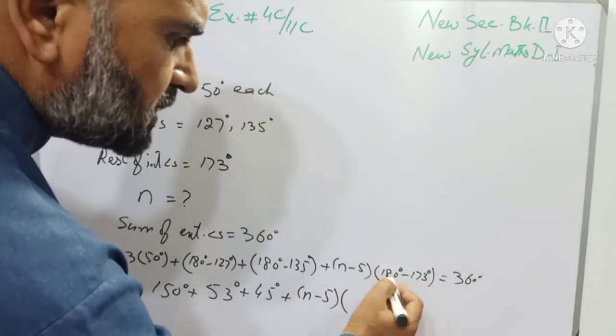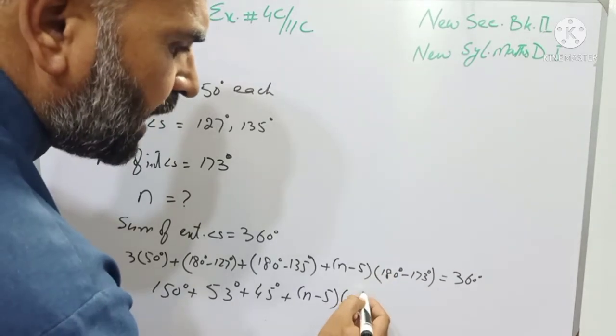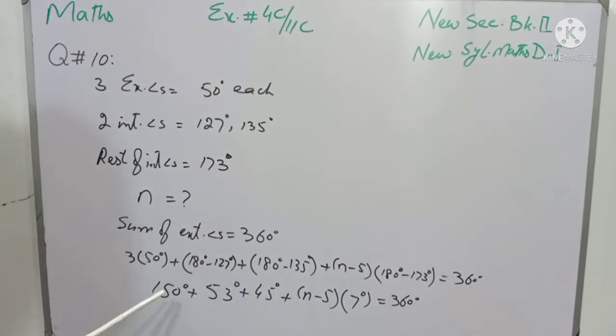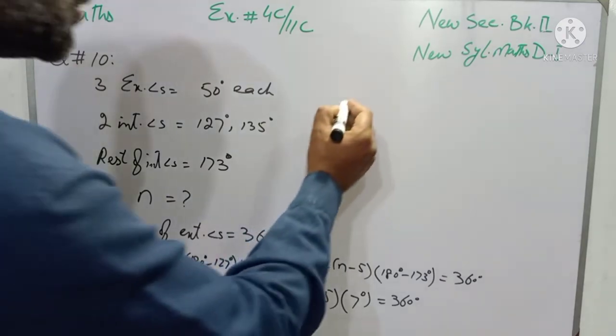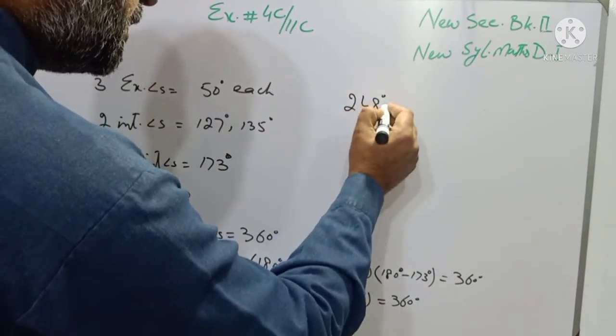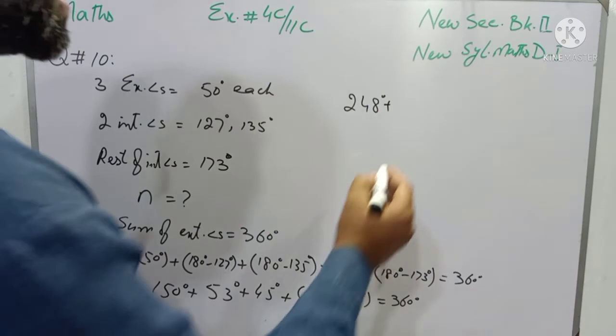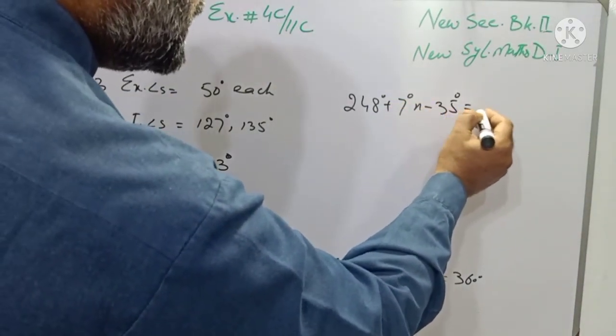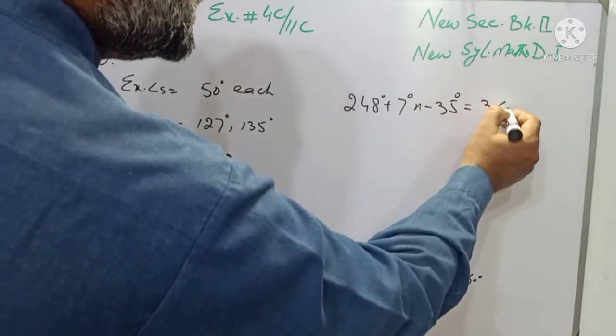And when we subtract 173 from 180 degrees, we have 7 degrees, equal to 360 degrees. Now 150 plus 53 gives 203 degrees, plus 45 becomes 248 degrees. So 248 degrees plus 7 degrees n minus 35 degrees is equal to 360 degrees.